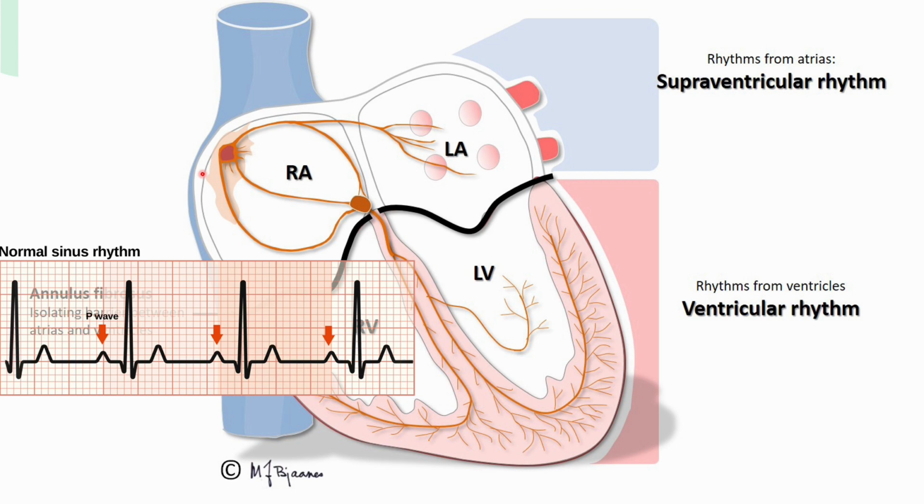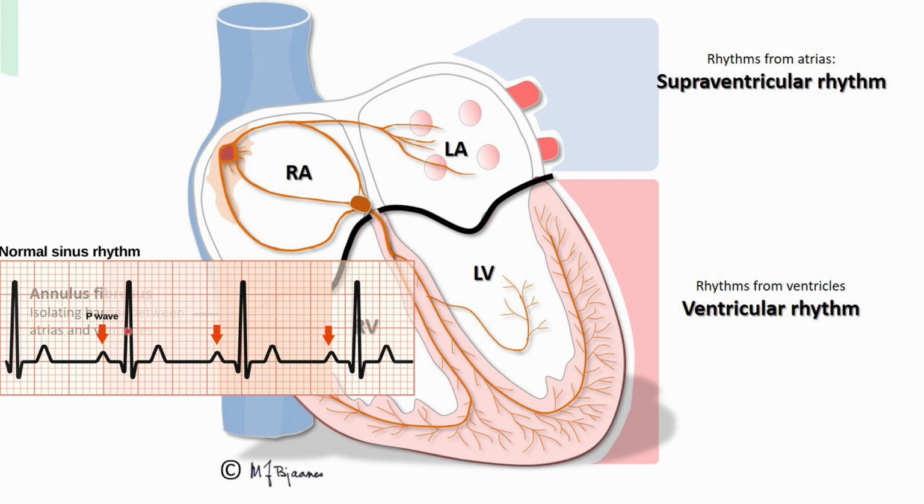The SA node is pacing the heart, means that whatever is going on in the ventricles is paced by the SA node. So every QRS is preceded by a P wave. It means that whatever electrical activity started in the atrial SA node has reached the ventricles, causing depolarization.